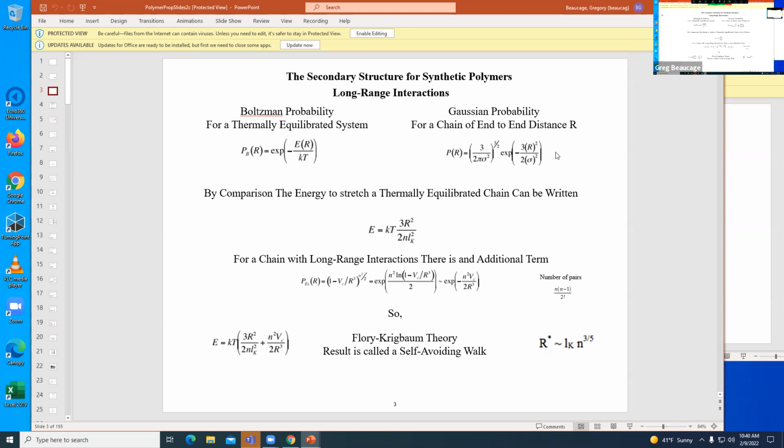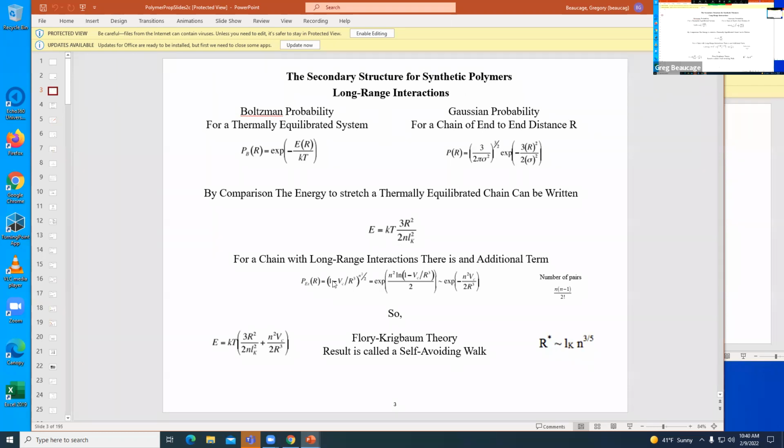You want to say what's the probability of not crossing itself? So you're going to say there's a volume that you don't want to have, and the probability of finding that, in other words, a volume of 1 unit, what's the probability? It's going to be that volume divided by the total volume of the chain, which is R cubed.